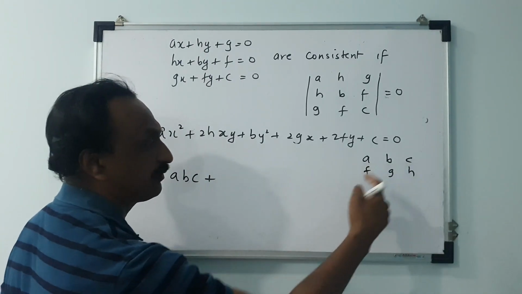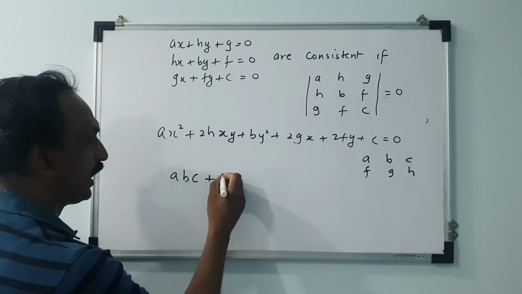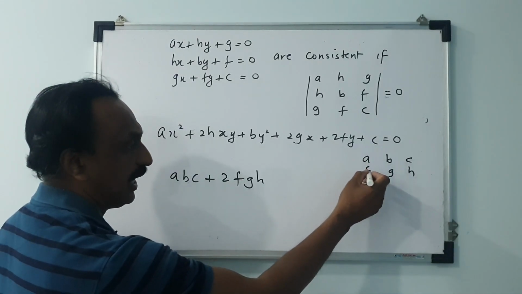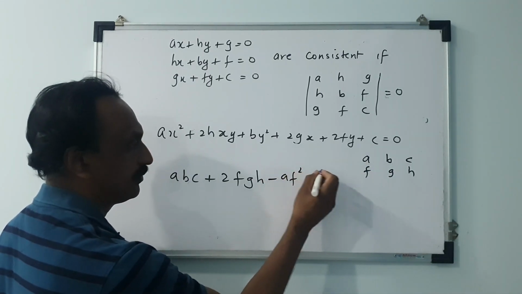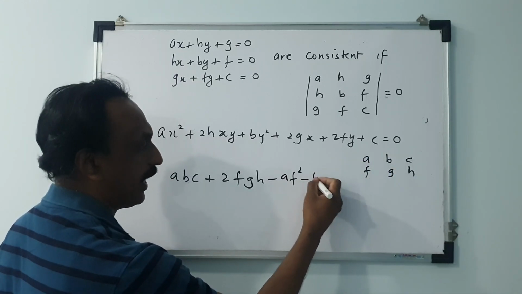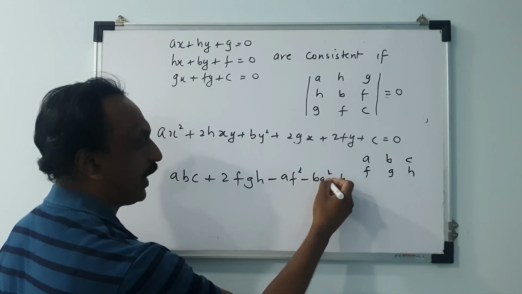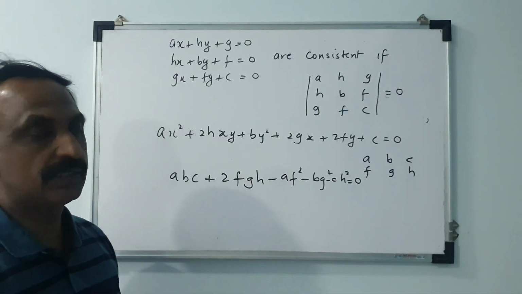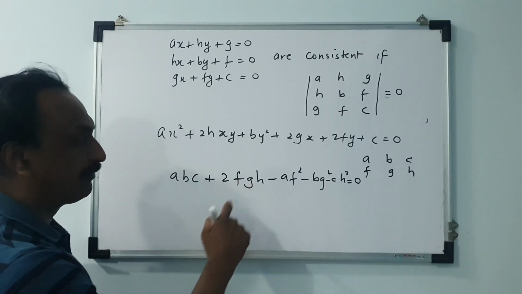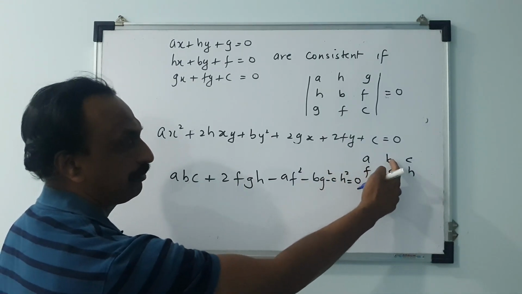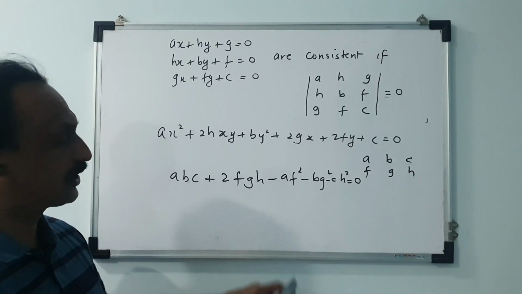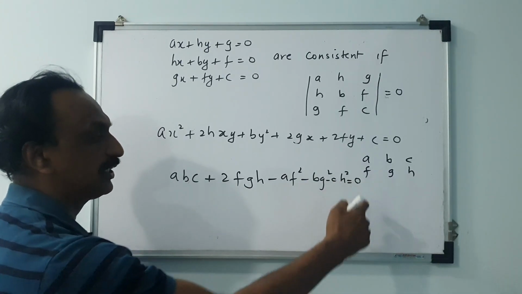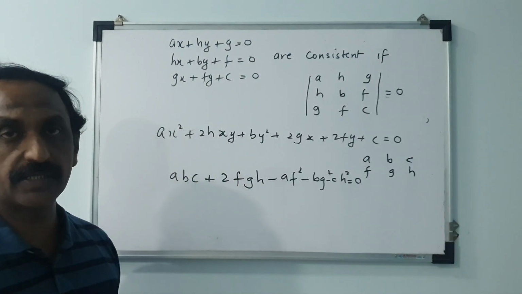So abc, the product of the three, plus 2 times fgh, then af square, bg square and ch square with negative signs. Subtract. This will be the expansion of this determinant: abc plus 2fgh minus af square, bg square, ch square. They are all subtracted. If this expression is equal to 0, if this condition is satisfied, then this equation would represent a pair of lines.